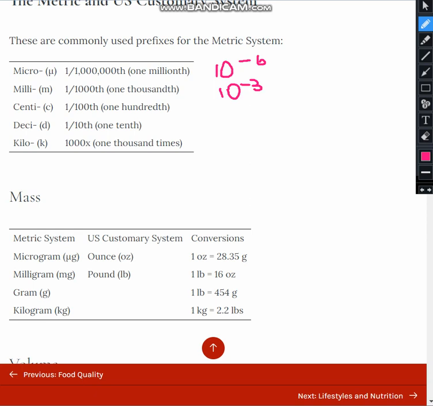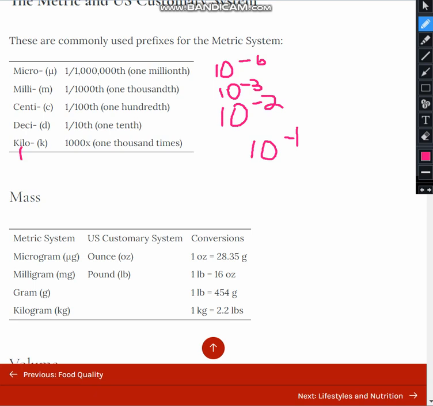Now, when you look at centi, that is 10 raised to the power negative 2. Centi is 100th. Deci is 1/10, which means 10 raised to the power negative 1.